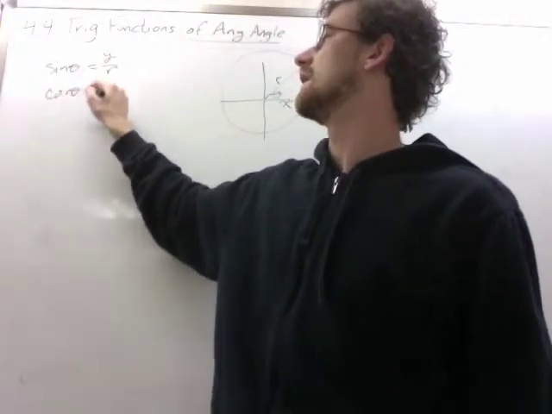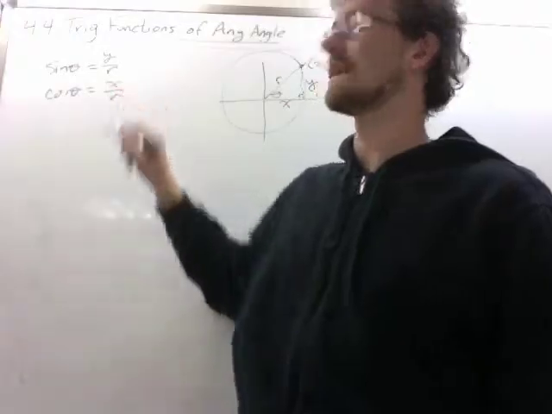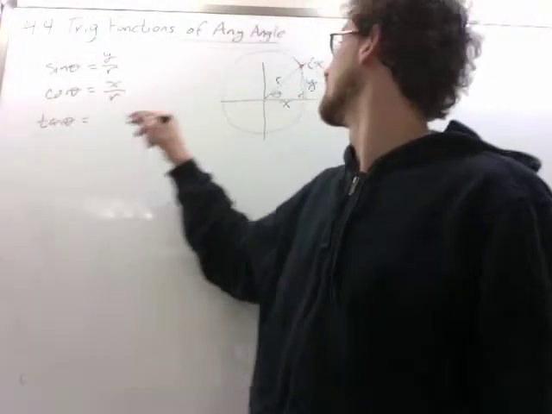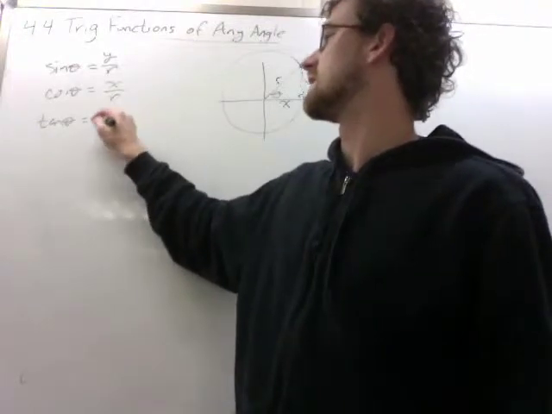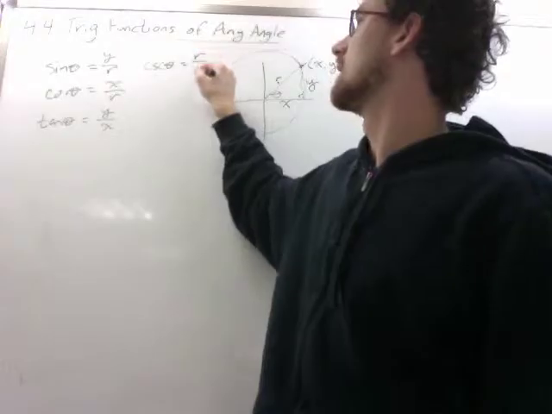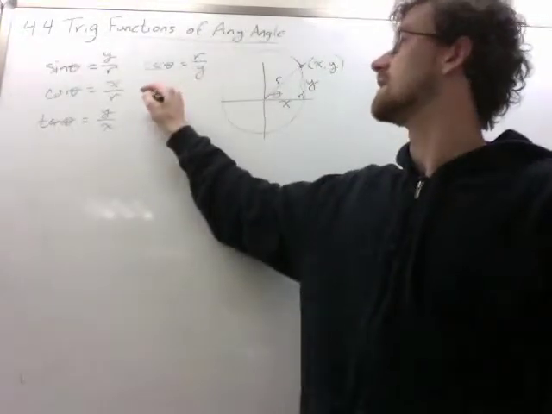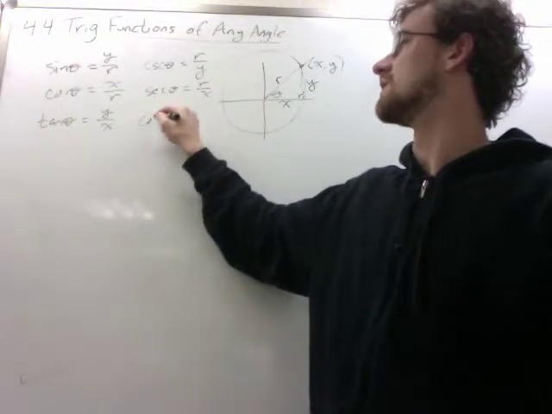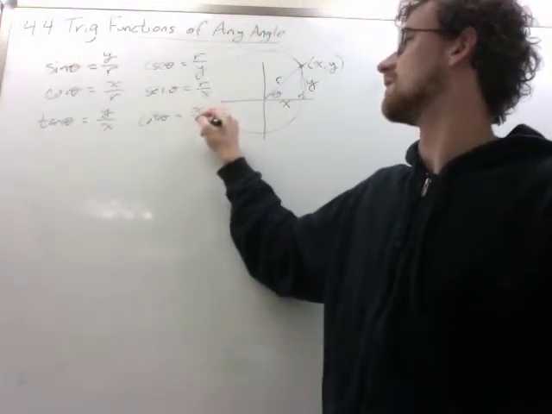Cosine theta is adjacent over hypotenuse, which is x over r. Tangent of theta is still opposite over adjacent, that's still just y over x, and the other three are reciprocals. Cosecant is r over y, secant is r over x, and cotangent is x over y.